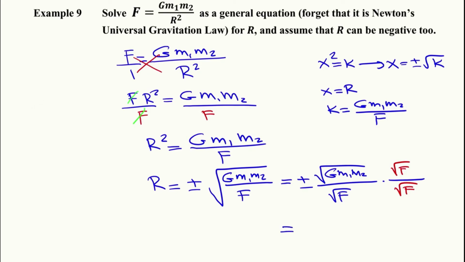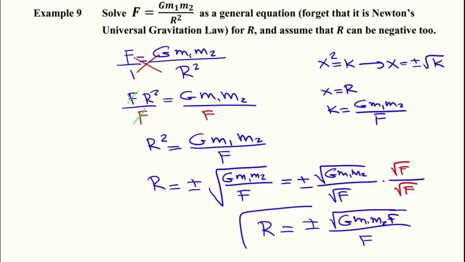And we end up with plus or minus square root of g m1 m2 f on the top. Downstairs we just get square root of f times square root of f, which is just f. So that's how we leave our final answer. So make sure you can do this on your own, and then we'll proceed to another one.